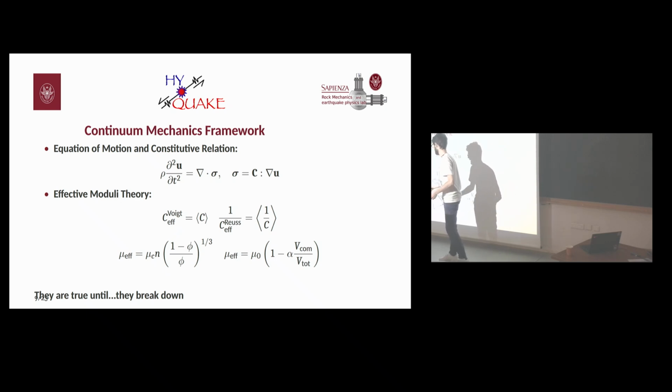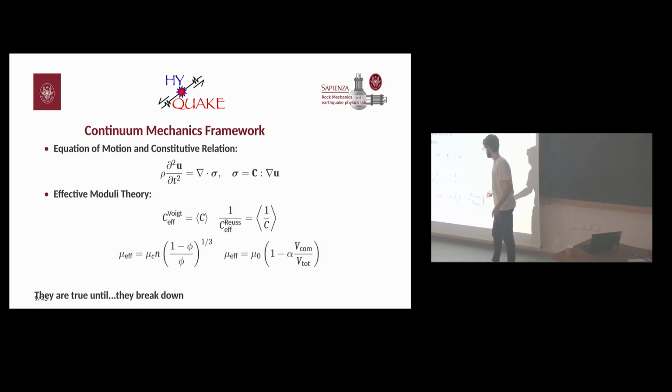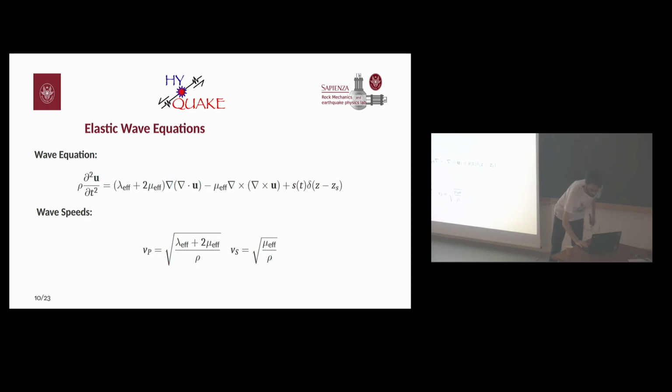For each phase, I need a law that explains how this phase changes, accounting, for instance, for porosity or for the volume that is comminuted. If you take the two equations together, you have the wave equation.